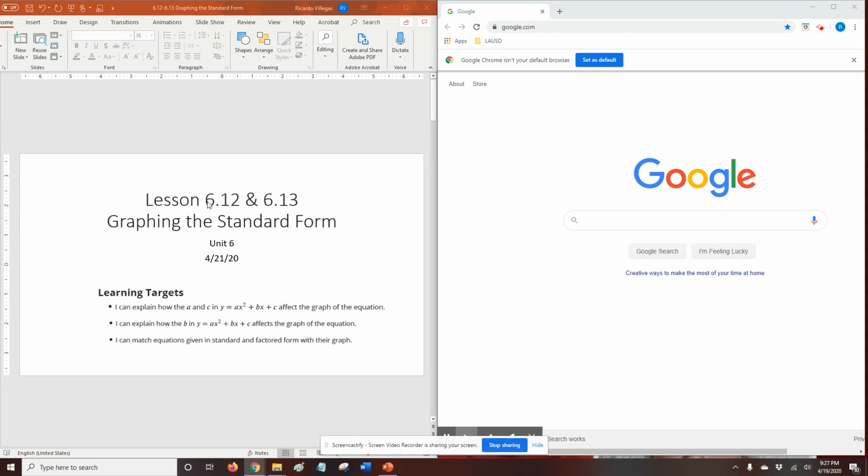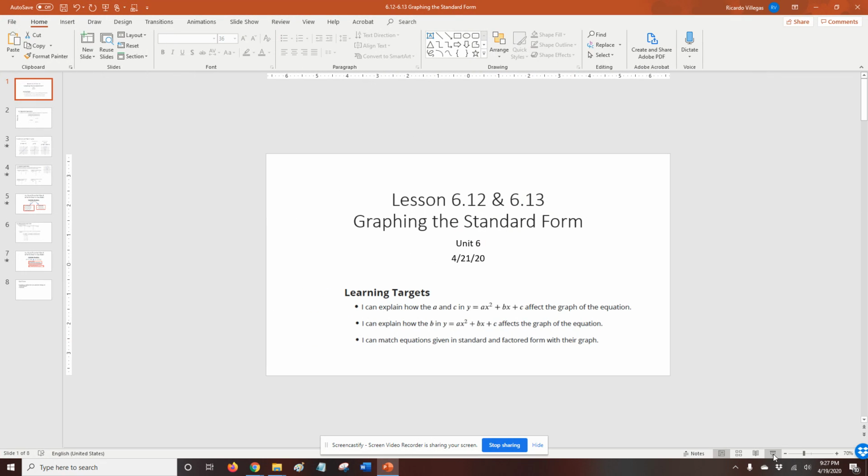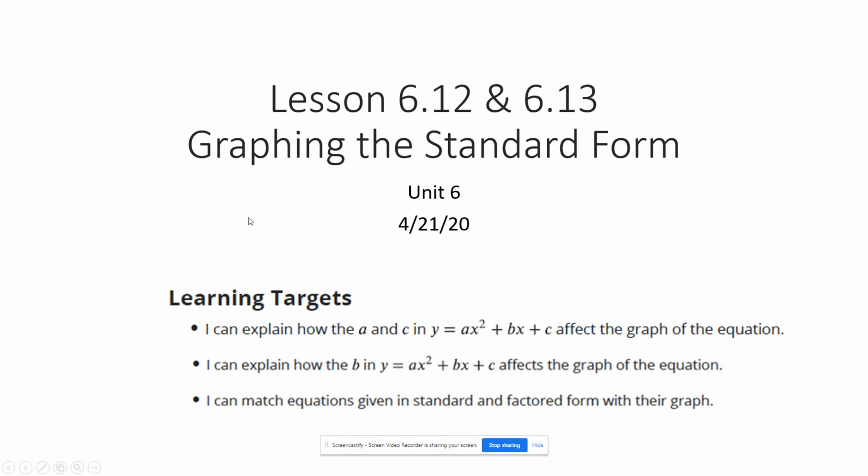Today we're going to be going over lesson 6.12 and 6.13 at the same time. Here are your learning targets.